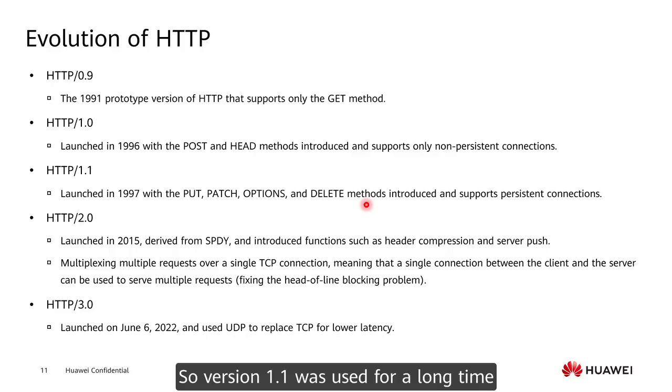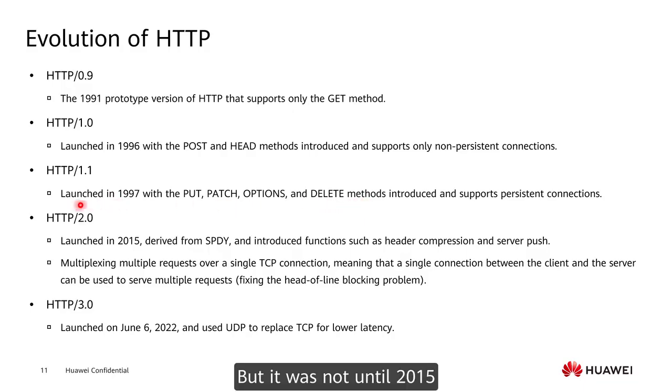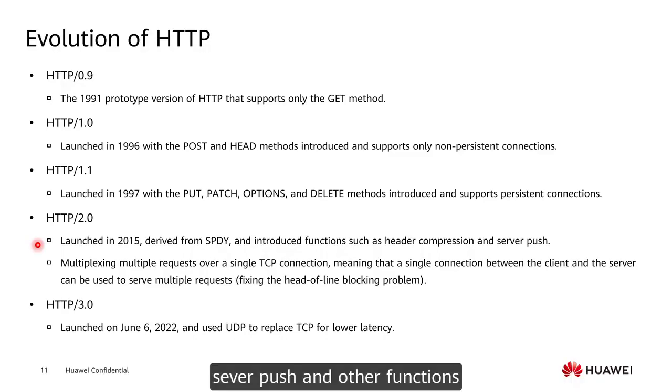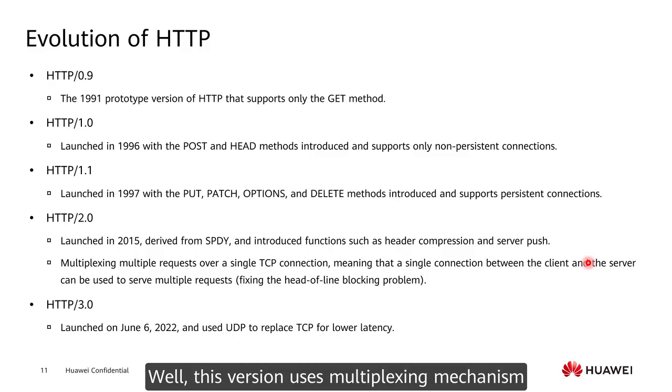So version 1.1 was used for a long time, but it was not until 2015 that HTTP generation 2 was released. This version is based on speed upgrade, including the header information compression mechanism, server push, and other functions. This version uses a multiplexing mechanism in the connection.